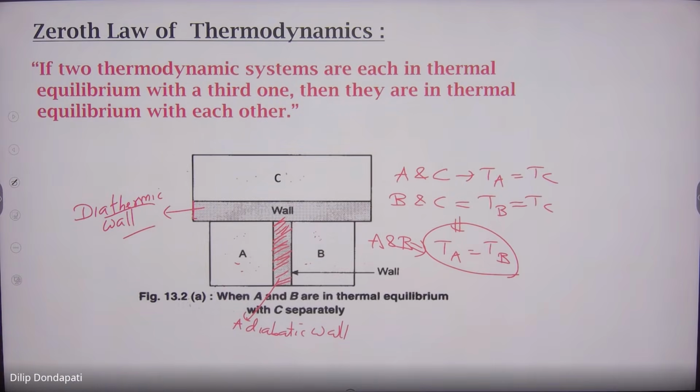Okay, so zeroth law done. Now to understand the first law, copied it.